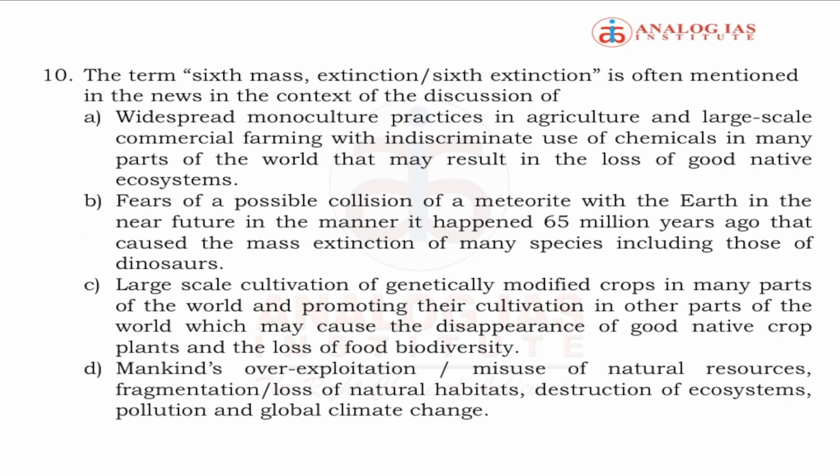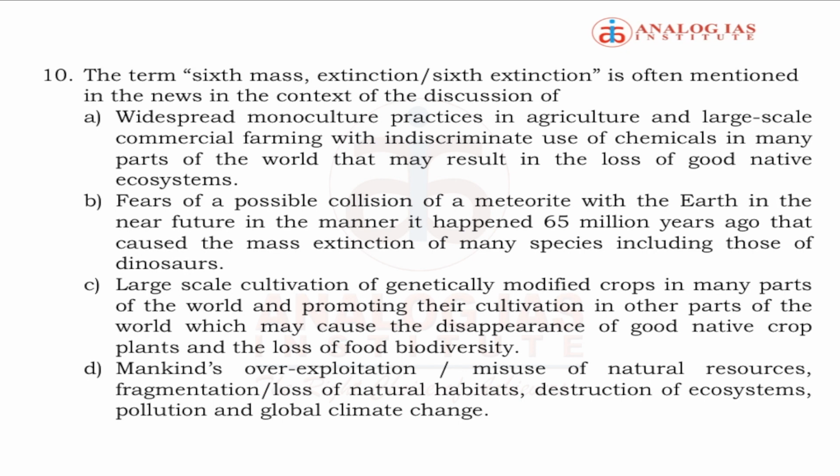Question number 10. The term 6th mass extinction or 6th extinction is often mentioned in the news in the context of the discussion of... Please remember, it is a kind of threat concerned with anthropological interferences, resource utilization, and of course misuse, overuse, abuse of resources, habitat fragmentation, destruction of habitat, and the resulting damage to ecosystems, of course causing pollution to the components of the atmosphere or environment, and obviously resulting in something called climate change.